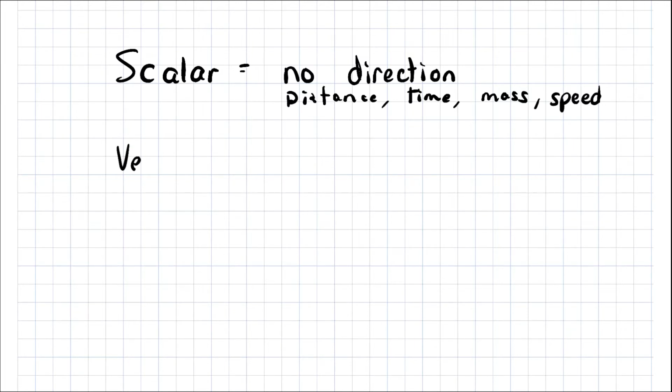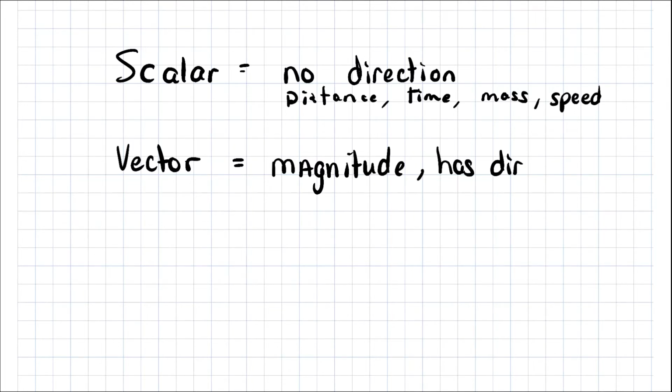Then when we look at vector quantities, you have something with a magnitude, a number, a measurement, but this one has direction associated with it.